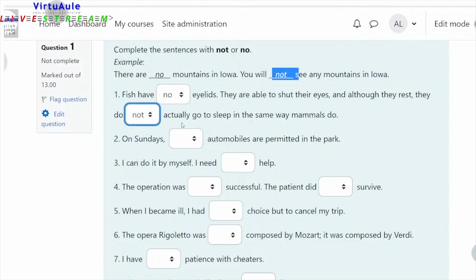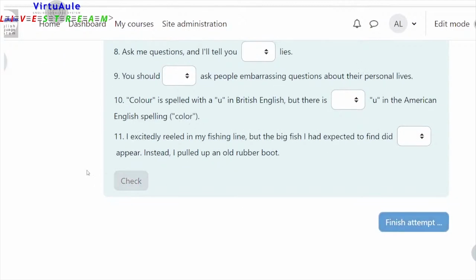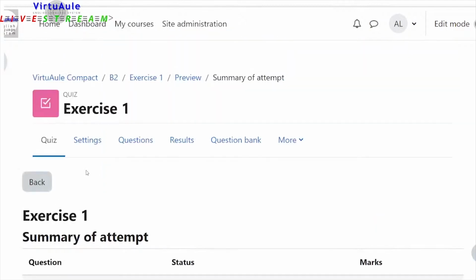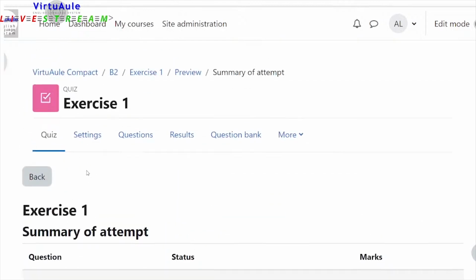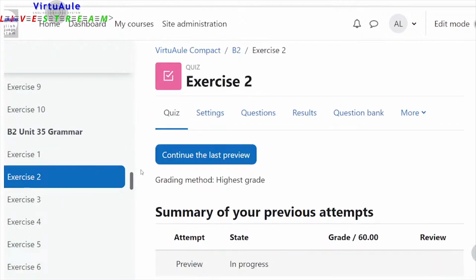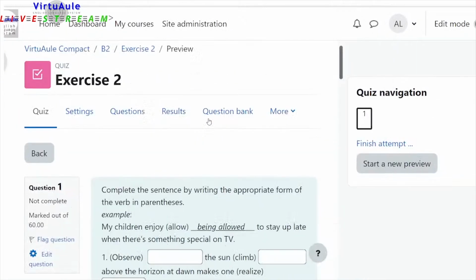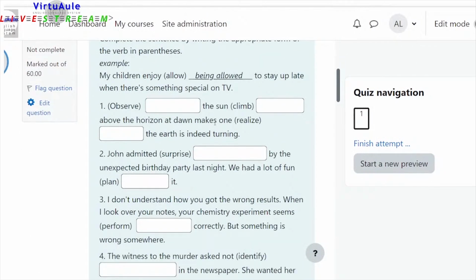They do not actually go to sleep. So this is just an exercise that you can do with exercise 1.